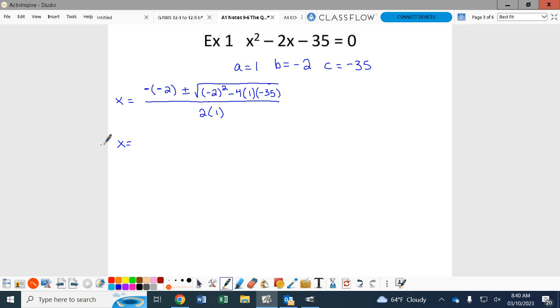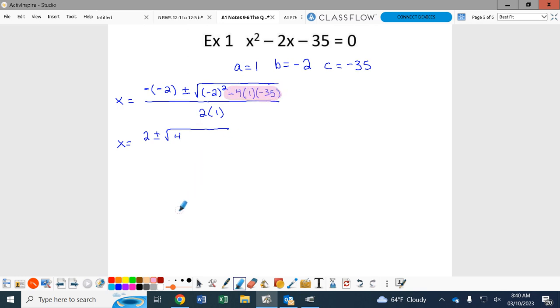Here we go. The opposite of a negative is a positive, so it's going to be positive 2 plus or minus the square root of negative 2 squared. Guys, what's negative 2 times negative 2? 4, because a negative times a negative is a positive. And then you're going to multiply on your calculator this whole thing together, guys. Please listen to me. You want to type all this in as one big thing all together on your calculator.